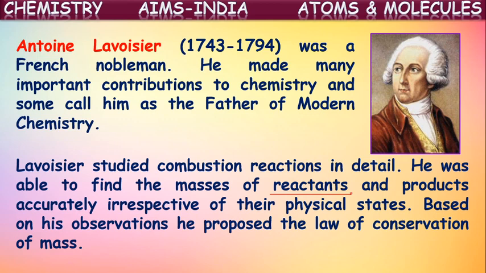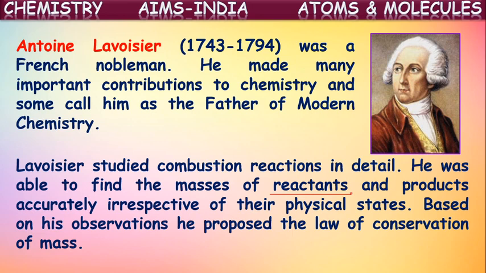Iron metal is reacting with atmospheric oxygen in the presence of moisture. So in this chemical reaction, the substances which are participating in the reaction are the iron rod, atmospheric air, that is nothing but oxygen, and moisture or water vapor. These three are participating in the reaction. So these three are called the reactants.